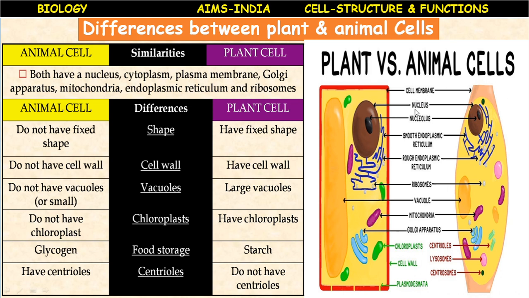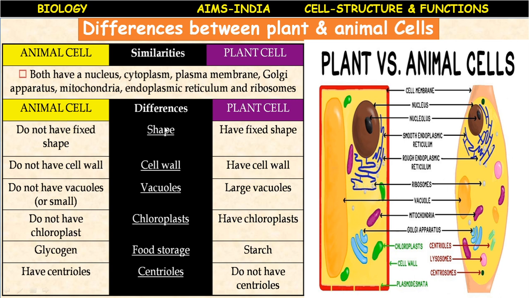So: cell membrane, nucleus, nucleolus, smooth endoplasmic reticulum, rough endoplasmic reticulum, ribosomes, vacuoles, mitochondria, Golgi complex. These are all common structures in both plant and animal cells.